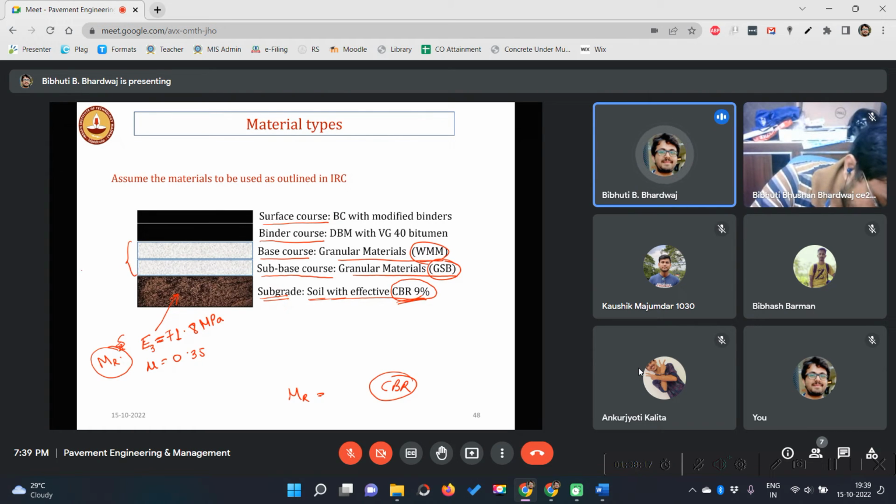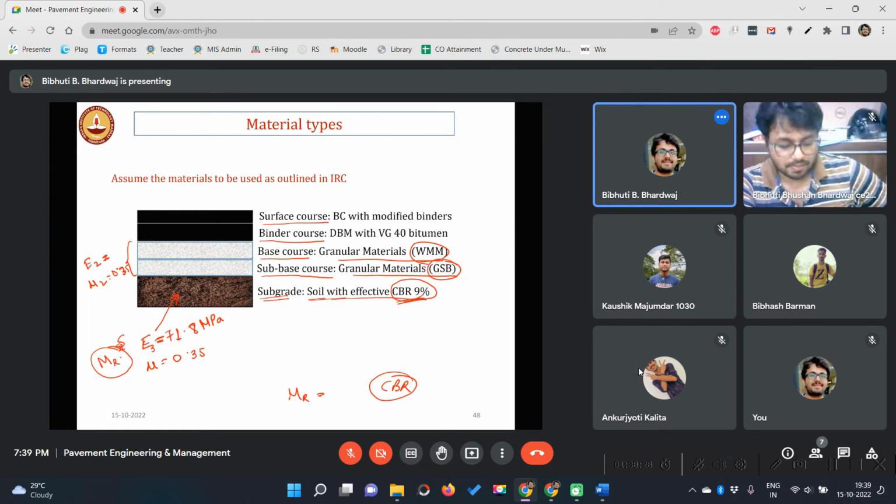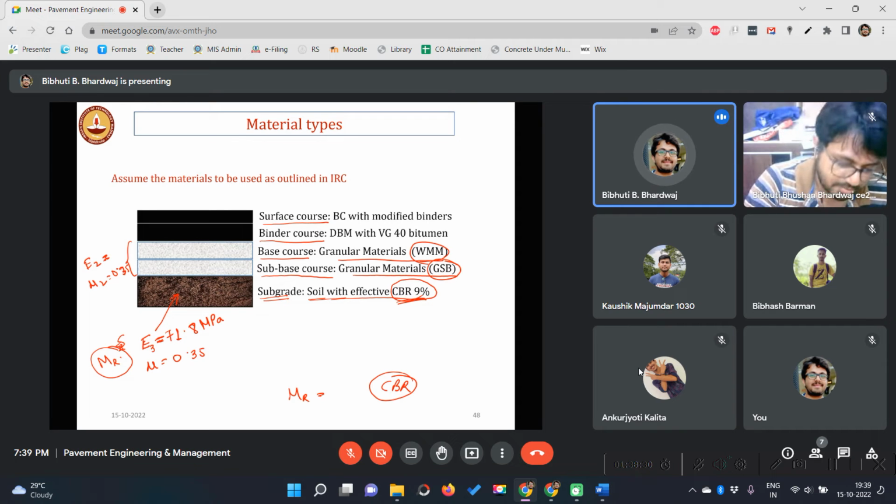Now let's find out E2 and mu2. Mu2 is 0.35, directly given. What will be E2? That means the modulus of resilience or elastic modulus of your granular layers.